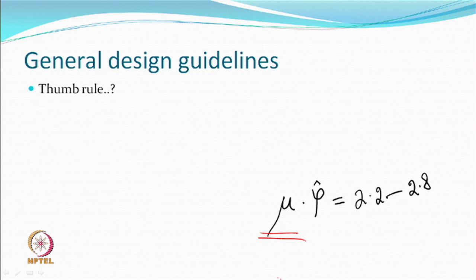And then this is the wrap angle, but not in degrees, but in radians. The product of coefficient of friction and wrap angle in radians should be in the range of 2.2 to 2.8, then you say we are approximately going to cover it.